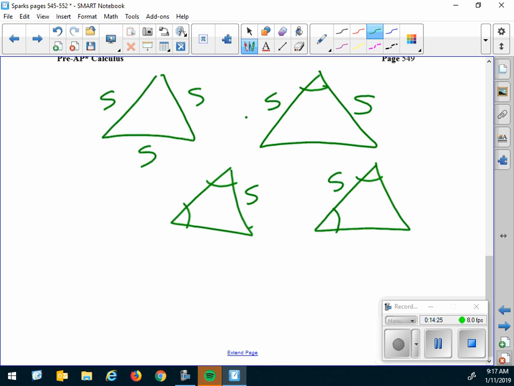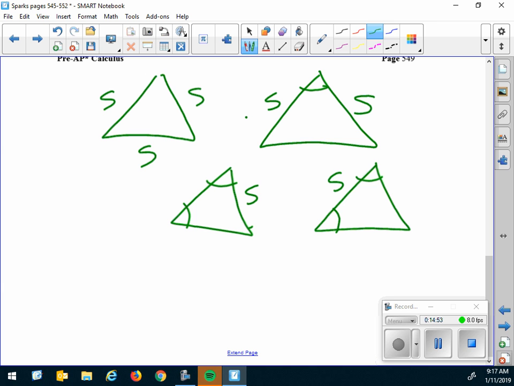Now, ASA, yeah. Can you use law of sines on any of those? Cannot use it on side, side, side for sure. I can use it on angle, angle, side? Sure can. I can use it on angle, angle, side because I know an angle and its opposite side and one other piece.